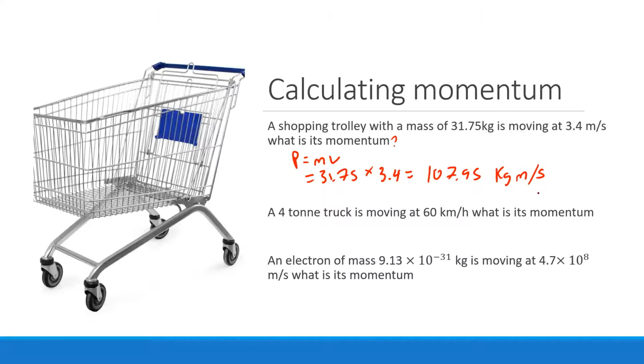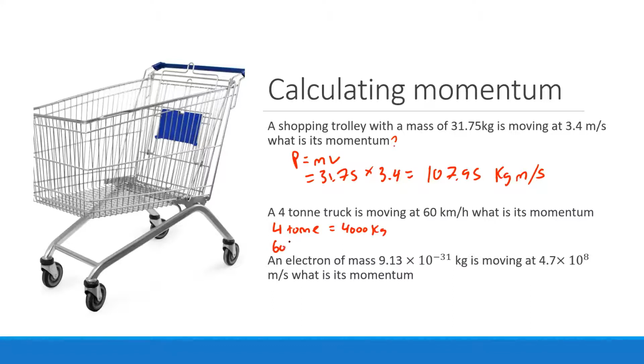It's got some ugly units, but they at least make sense. It's mass times velocity, so the units are a mass unit and a velocity unit. Now this next one, you could probably do it as just a mass unit or a velocity unit, but we're going to do it properly. A 4-ton truck is moving at 60 kilometers an hour. What is the momentum? Well, 4 ton, that's going to be 4,000 kilograms.